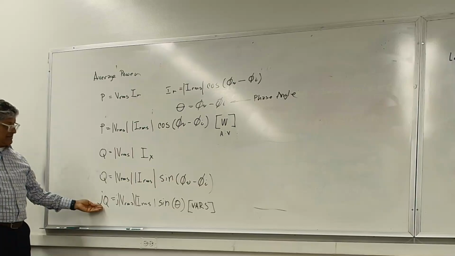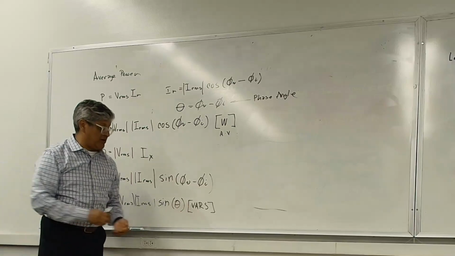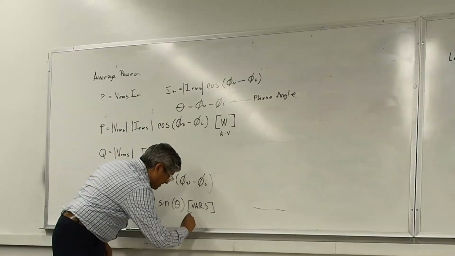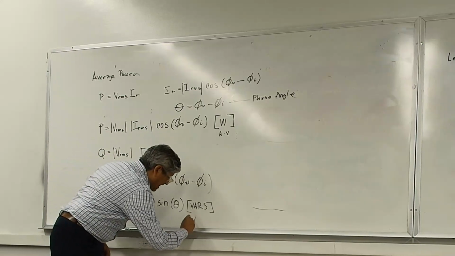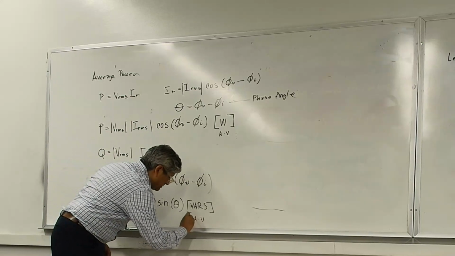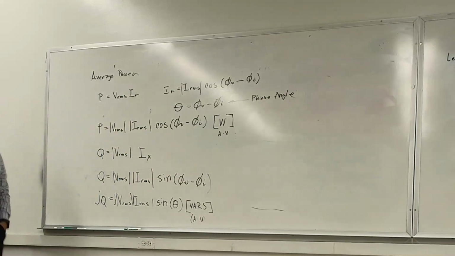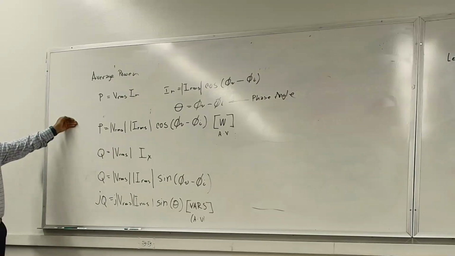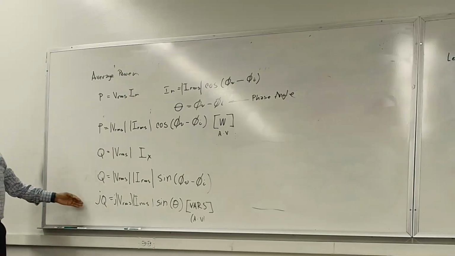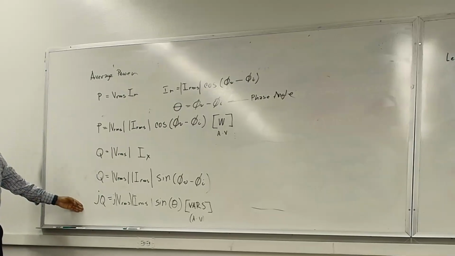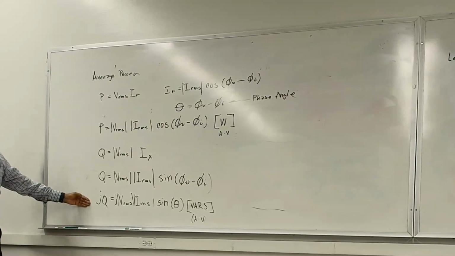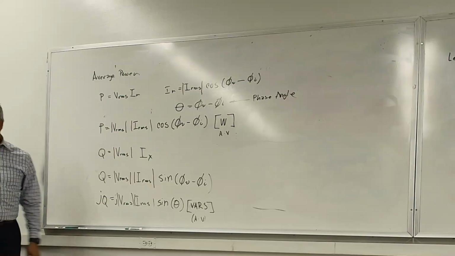And we'll talk about that in a second. We happen to call it VARs, but the root units are volts times amps. So the product of those two, whether it's real power, imaginary power, or reactive power, regardless of what we call it, is still the product of your voltage and your current.